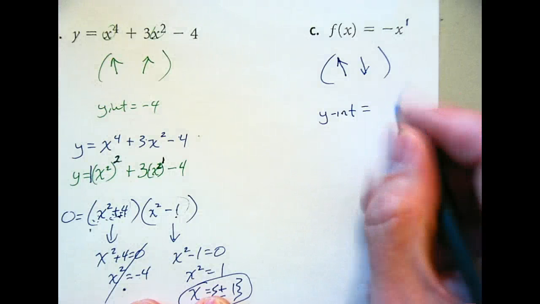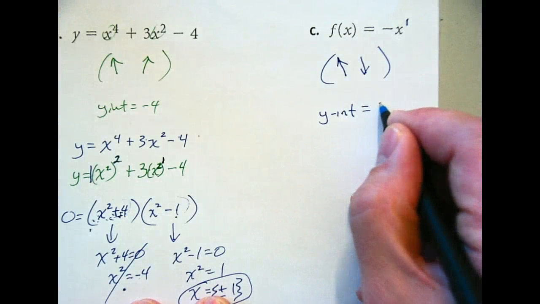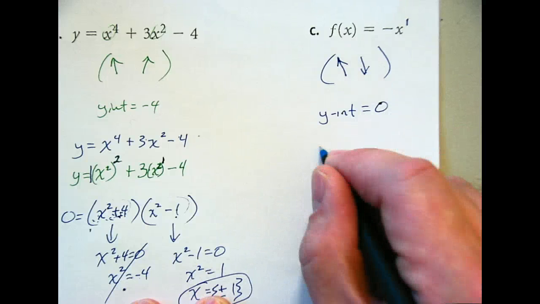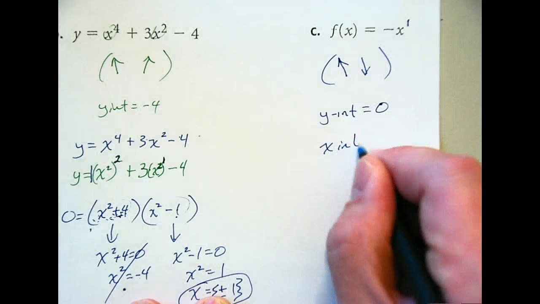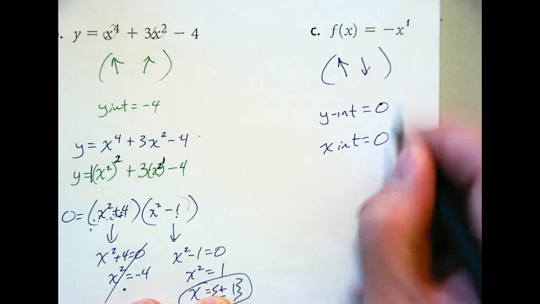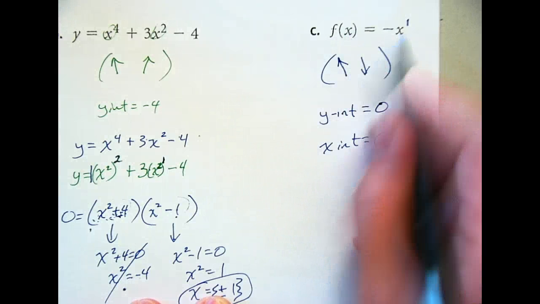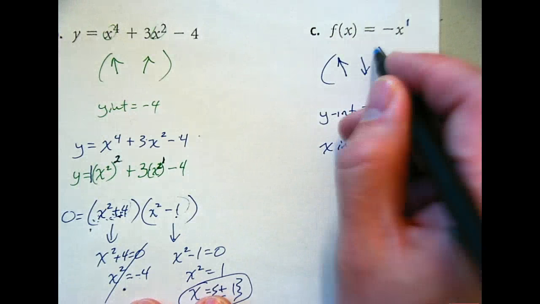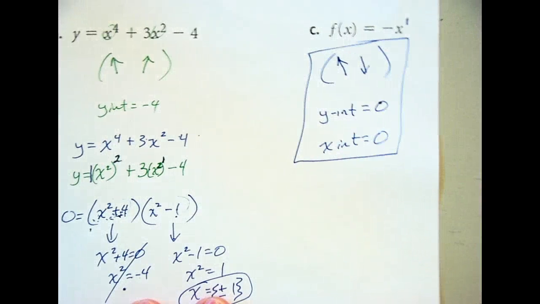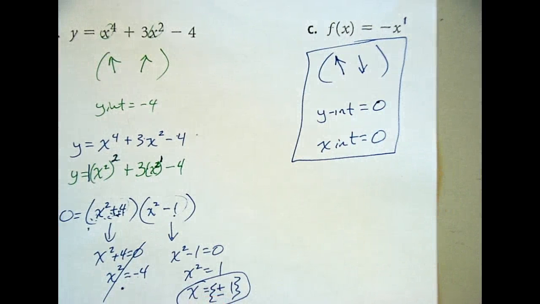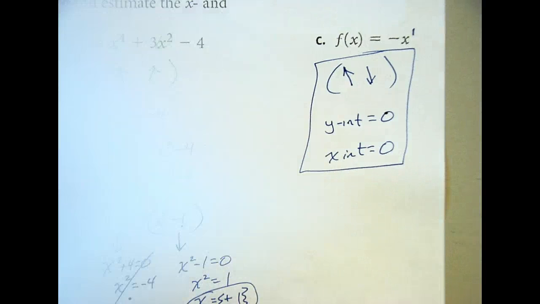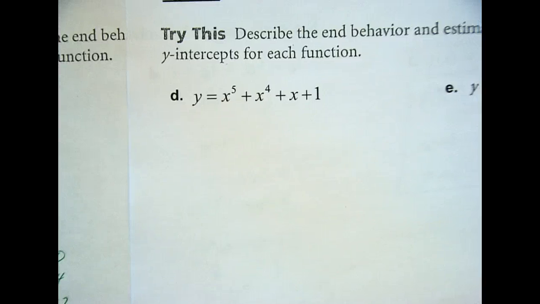Y-intercept is? 0. X-intercept? It's also 0. Yeah, when we make y 0, we solve, that's 0. All right. Questions? Okay. Once you guys try letter D, same thing.